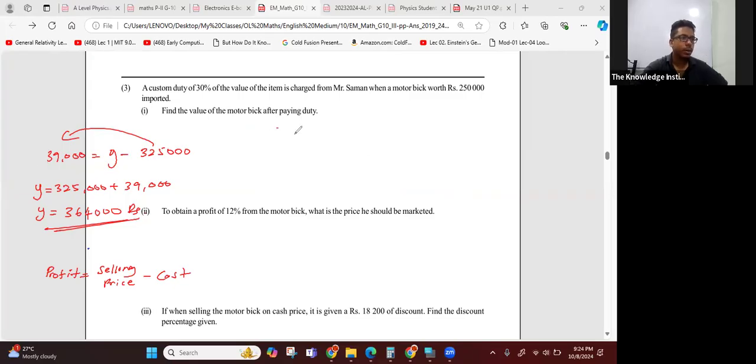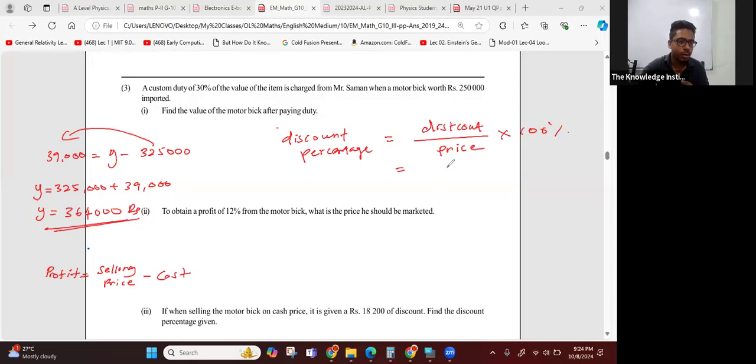So here, discount percentage is equal to the discount, the amount deducted, over the actual price, the price before the discount, into 100%.